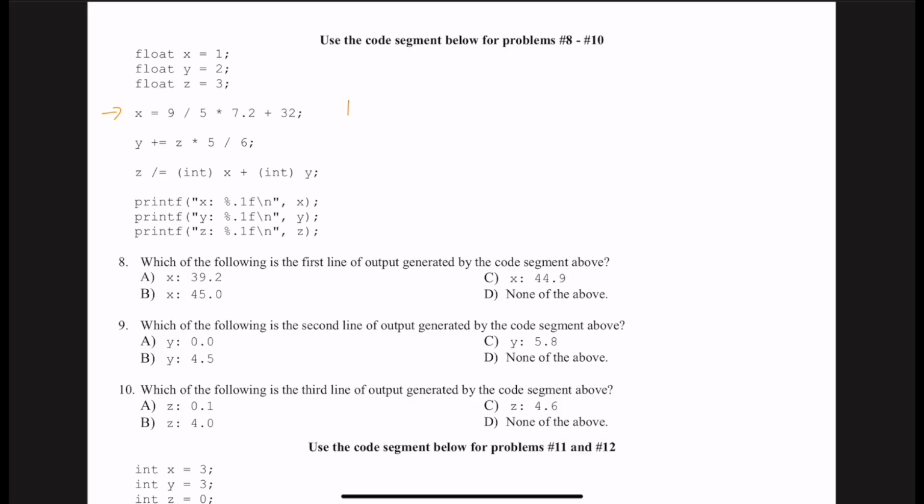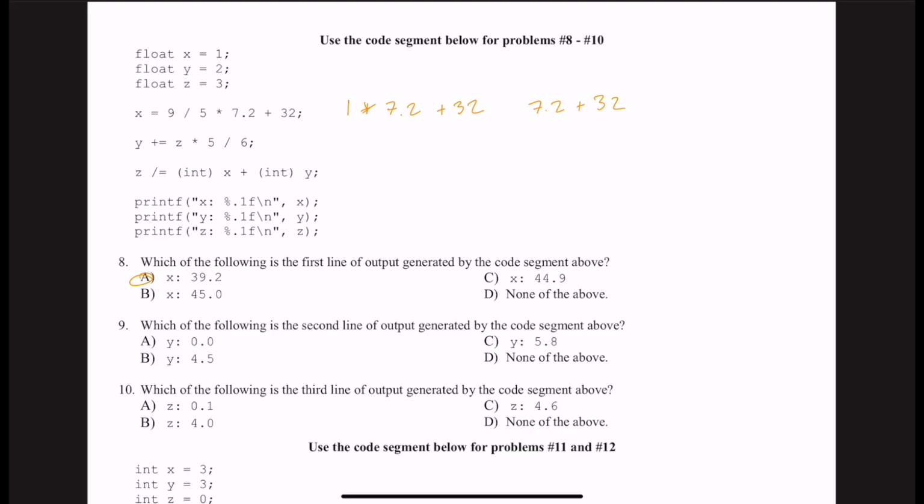We just drop that all. It's just 1. So the next step is going to look like this. 1 times 7.2 is 7.2. 7.2 plus 32 is 39.2. So x is equal to 39.2.